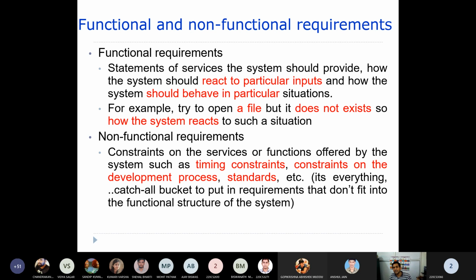Maybe it will say the file doesn't exist. The file name that you have given is not there in the disk. So this sort of information it may give. That means how the software is going to behave when you give some sort of input. So these sort of requirements are categorized under functional requirements.